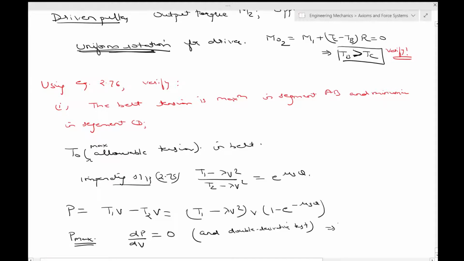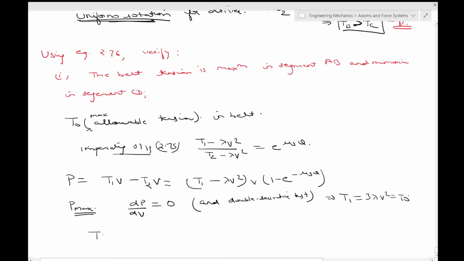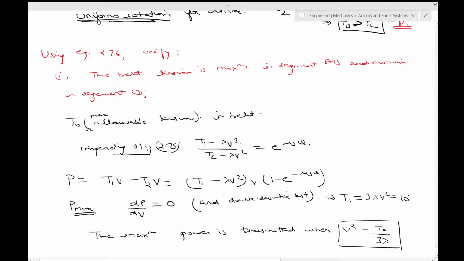So this will give you T1 equal to T naught, or sorry, 3 lambda v square equal to T naught. So the maximum power is transmitted when v square is equal to T naught by 3 lambda.